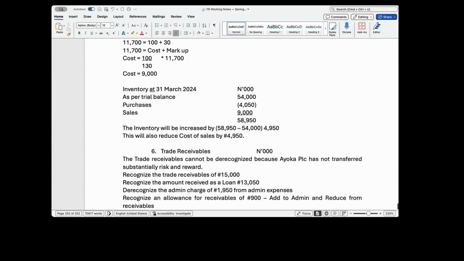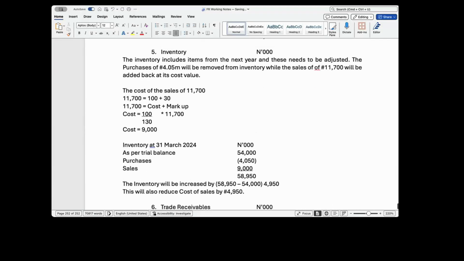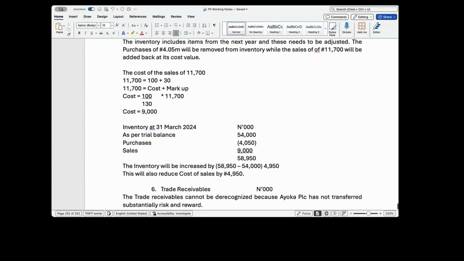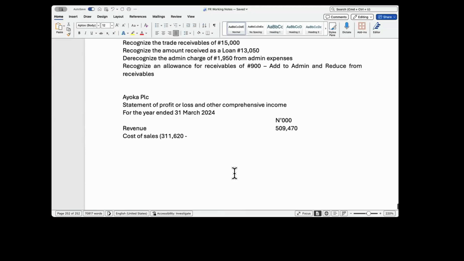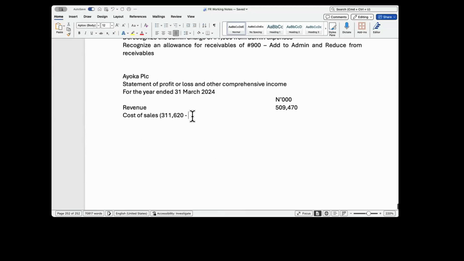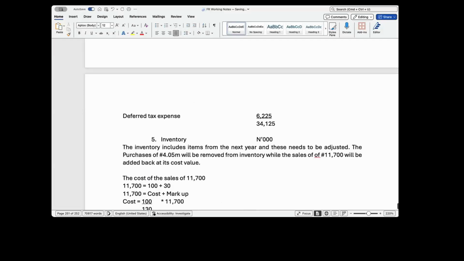Okay, sir. So the inventory, how much is the inventory? You said we should reduce our cost of sales by 4,950, reducing our inventory. Depreciation also, depreciation of non-current assets is to be charged to cost of sales.